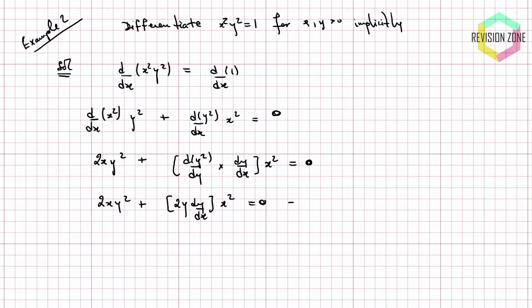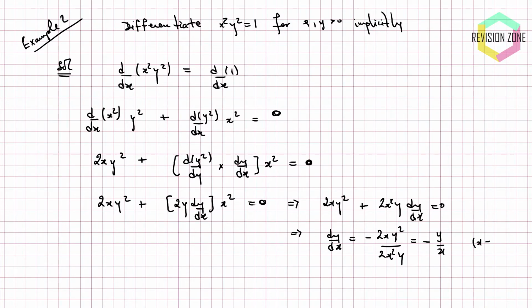So I can say 2x y squared plus 2x squared y times dy by dx equals 0, like this, and then dy by dx entirely is just minus 2xy squared over 2x squared y, which of course is nothing other than minus y over x, where I better say x and y cannot be 0 actually. But of course we already knew that, because x and y were taken to be just positive anyway, right?